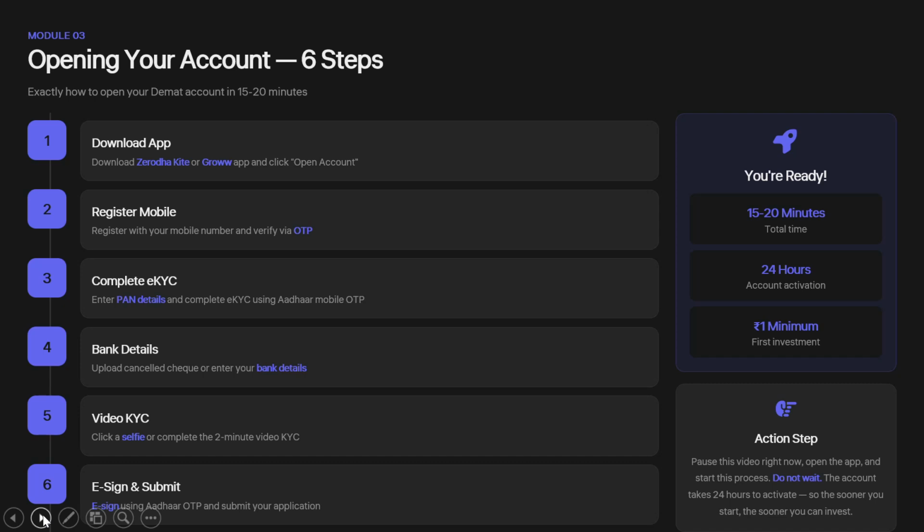Step 4 is upload your cancelled check or enter your bank details. Step 5. Click a selfie or complete the 2-minute video KYC. Step 6. E-sign and submit. Total time required is 15 to 20 minutes. Your account is usually activated within 24 hours, and your first investment can be as small as 1 rupee on some platforms.